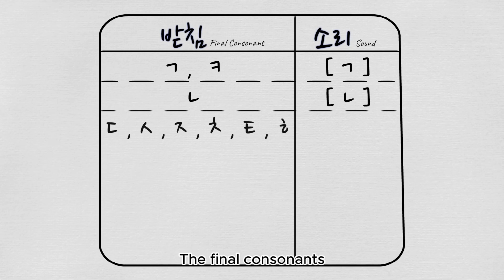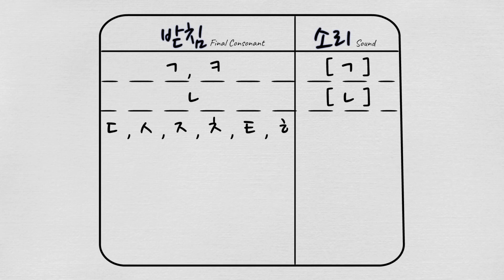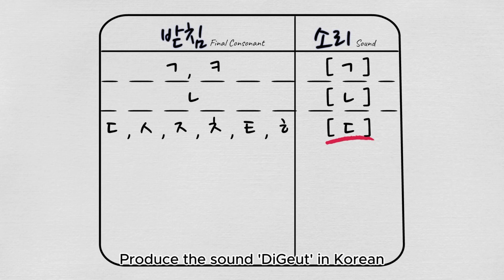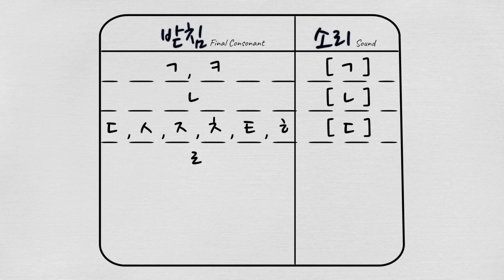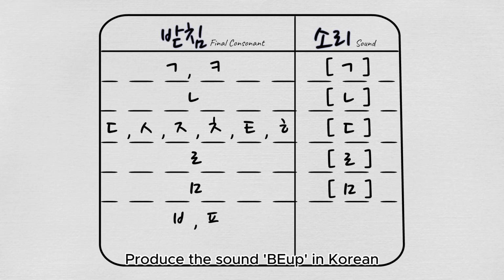The final consonants 디귿, 시옷, 지읒, 티읕, and 히읗 produce the sound 디귿 in Korean. The final consonants 비읍 and 피읖 produce the sound 비읍 in Korean.